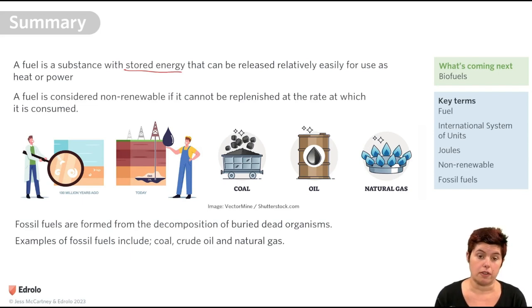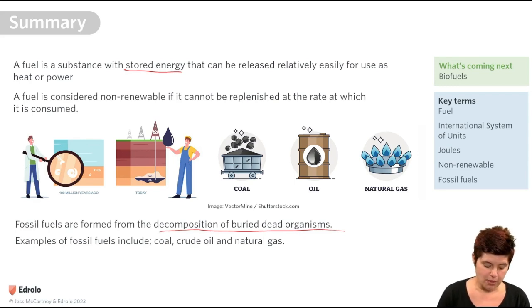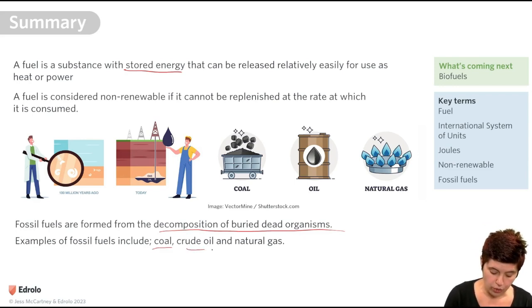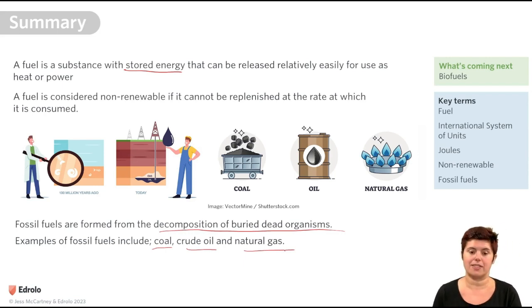Because the fossil fuels take millions of years to form, we are using them at a much quicker rate than they are being formed. So therefore, they're classed as non-renewable. Fossil fuels are formed from the decomposition of buried dead organisms. So this is plant and animal life. And examples of fossil fuels are coal, crude oil, and natural gas.